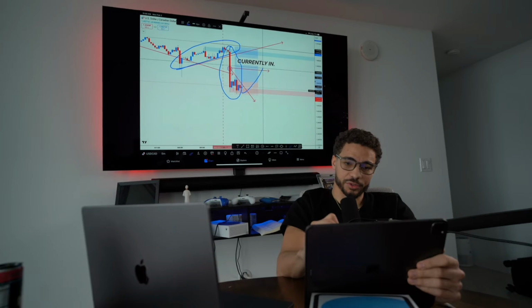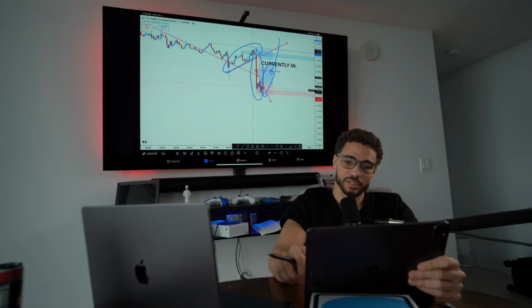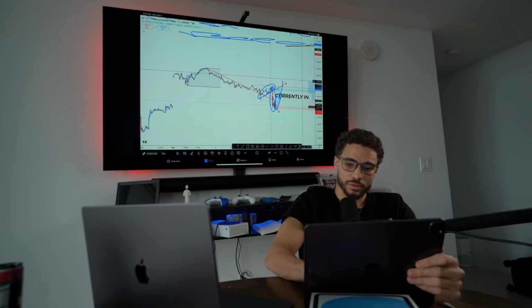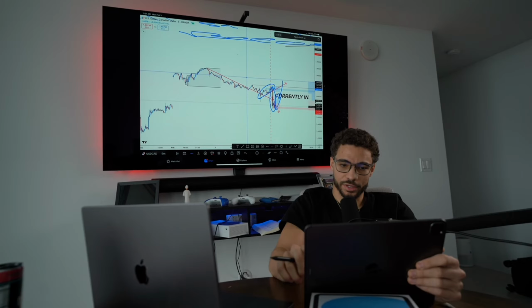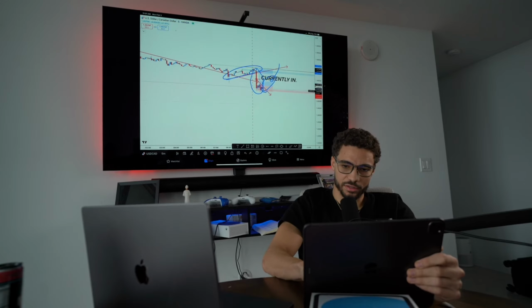If we can get back to an in sync phase, maybe we can catch it from here and look to take this all the way back up, potentially even to this level here. Just put a little line right here. If that makes sense.